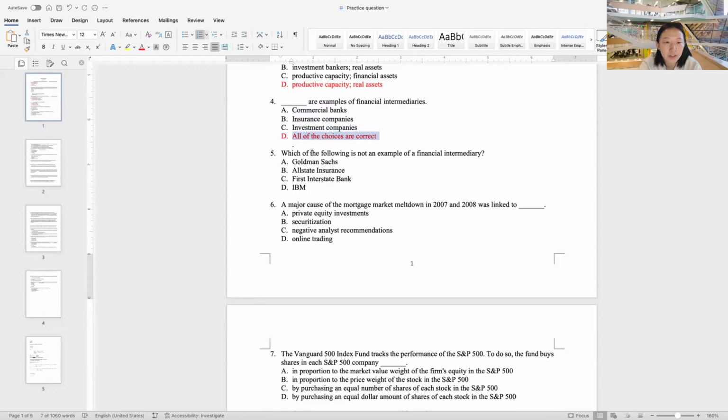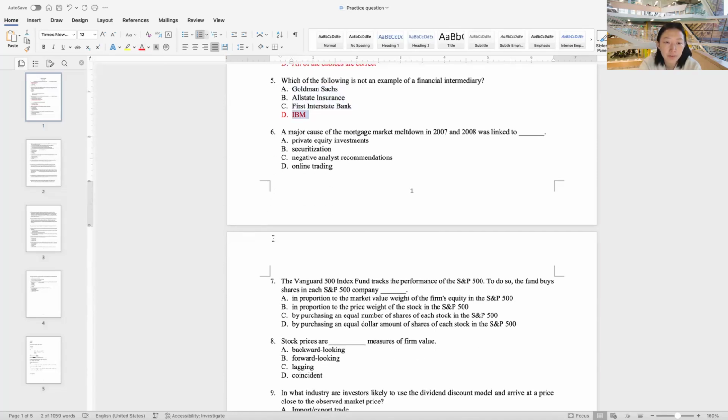Moving down, which of the following is an example of a financial intermediary? As long as it's not a corporation, a firm outside of the financial industry, I think those are all financial intermediaries. So you just need to spot the one that is not a financial firm, and that is IBM.